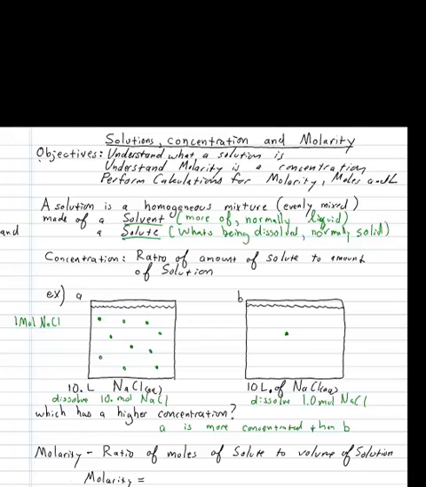And we see that we have 10 moles in A, 10 moles per 10 liters. So that is a ratio of 1 mole per liter.